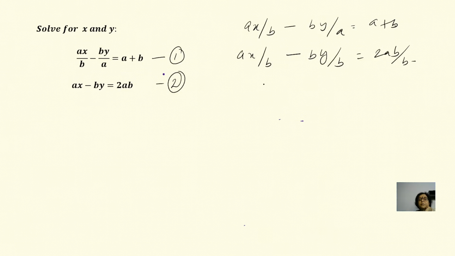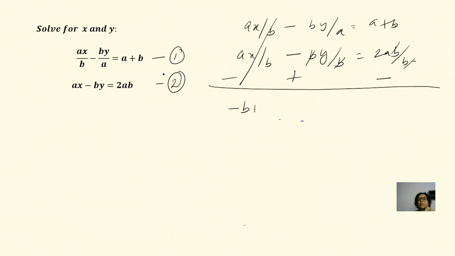Now if I rewrite this, this b and this b can be cancelled out. So subtracting, this term gets cancelled. This becomes plus, this becomes minus. So we are left with minus by by a plus y is equal to a minus 2a, that is minus a plus b.